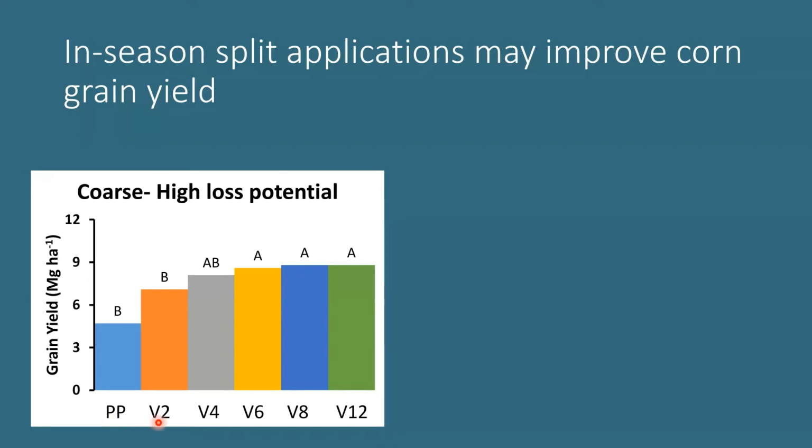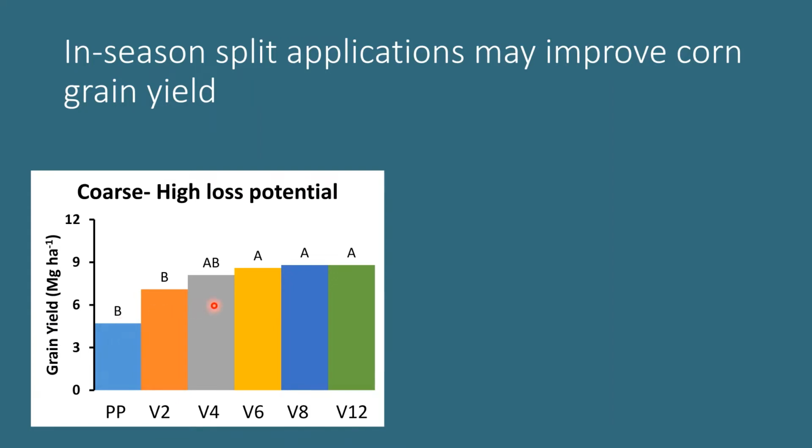Or we split applied it with 40 pounds of nitrogen as urea as a starter, and then 80 pounds at either the 2 leaves, 4 leaves, 6 leaves, 8 leaves, or 12 fully developed leaf stages. And as you can see, as shown by the letters, where the same letter means that the treatments aren't significantly different for grain yield.